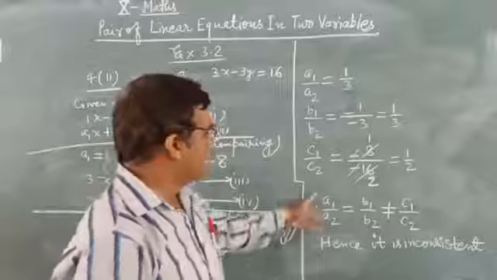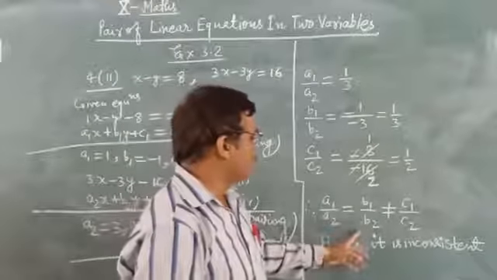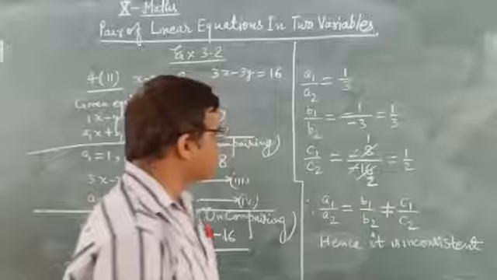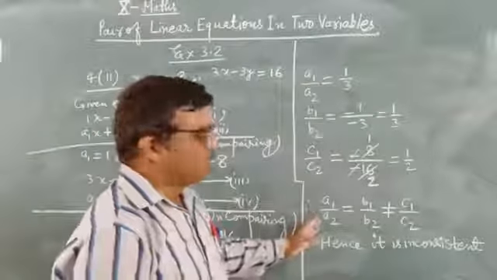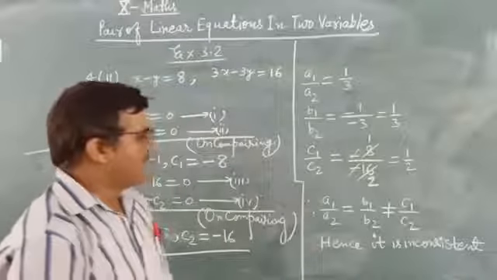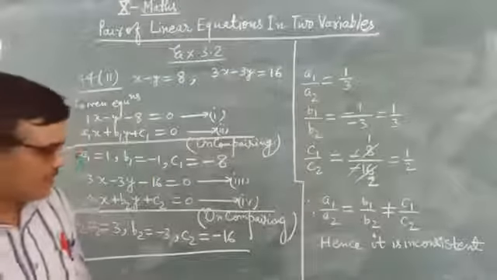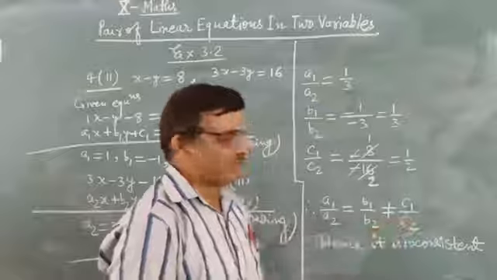Students, you see a1 upon a2 equal to b1 upon b2 not equal to c1 upon c2. I have shown you these ratios. This is the condition of the given pair of linear equations having no solutions, hence it is an inconsistent condition.